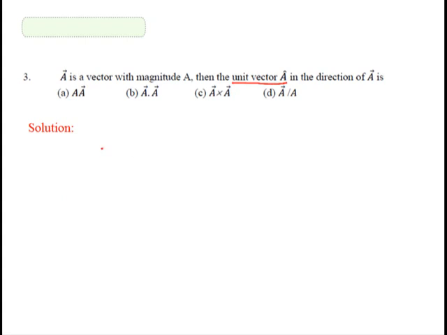To do that, let us consider a vector A. This is, let us say, vector A. Let's say the magnitude of this vector is 5. Since I have written it along x-axis, the direction is also i cap here. So this vector is 5 i cap.